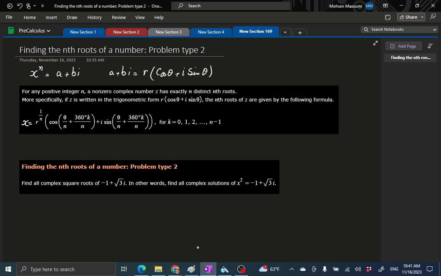The numbers are created by taking k to be 0, 1, 2, 3 all the way to n minus 1. So very similar to the previous lecture, except that in the previous examples, the right hand side was just either a real number or pure imaginary.